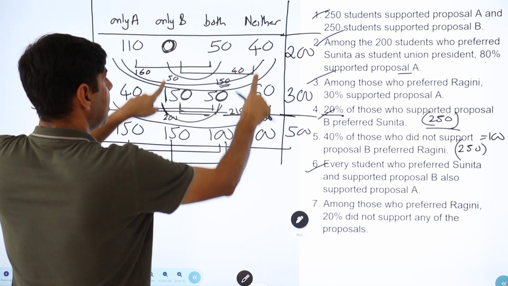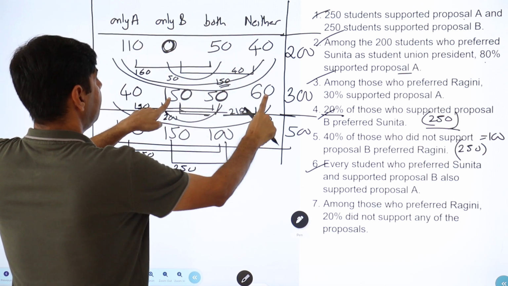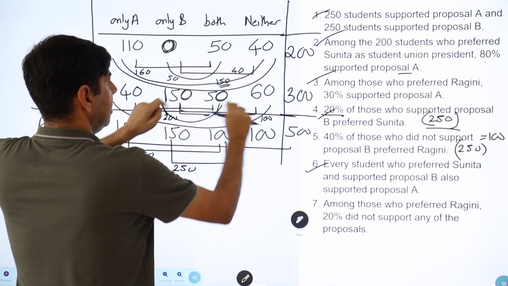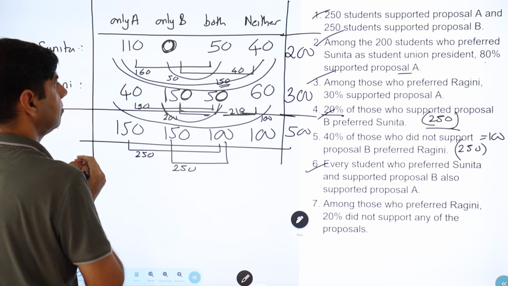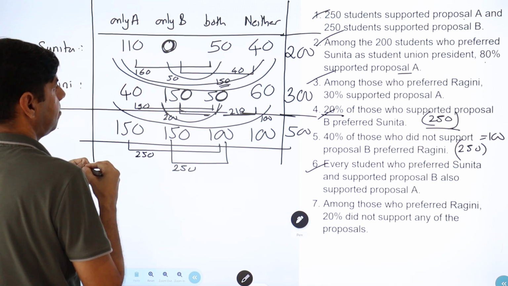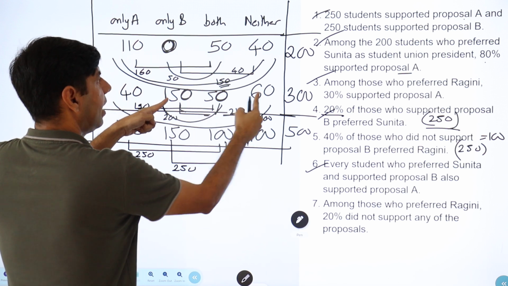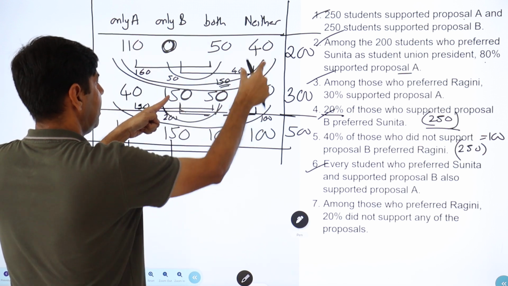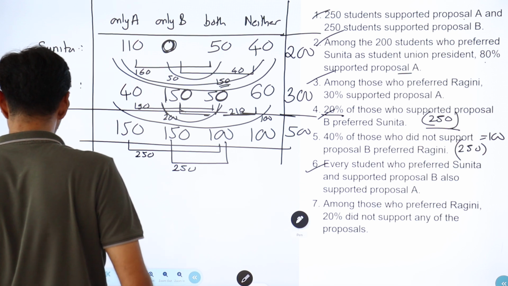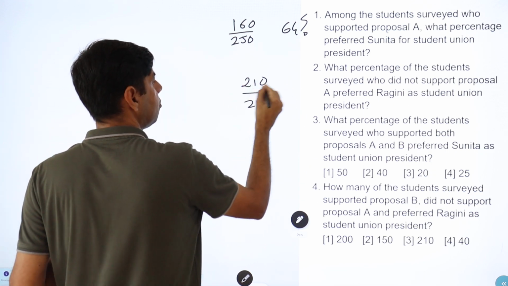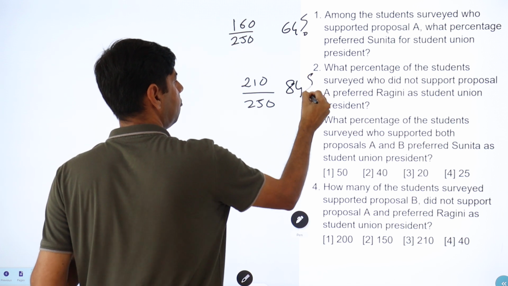Out of these, how many preferred Ragini? 150 and 60, that is 90. 90 of those did not prefer. So this is 160 and 210. This is 210 and 40 preferred Sunita. So 210 out of 250. So the second is 210, so into 4, that is going to be 84%.